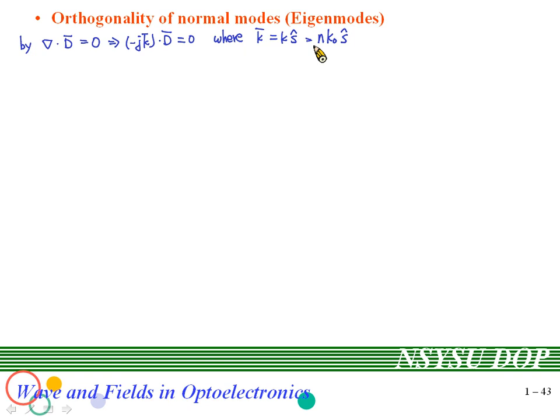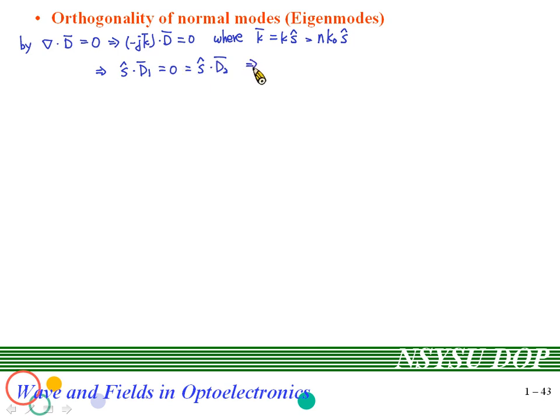And as we know, in an isotropic medium, for a specified direction, we can find two solutions, right? So, this equation can be rewritten as s hat dot the first solution d1 is 0. Besides, s hat dot d2, the second solution, is also 0.